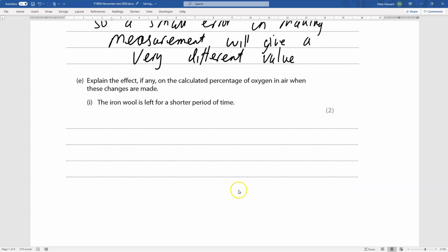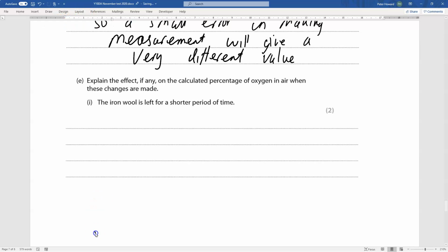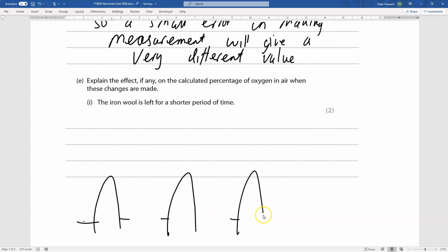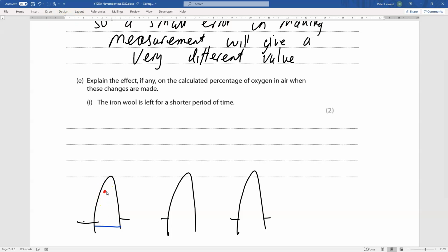Now, what would happen if it was left for a shorter period of time? If you imagine your tube of air here, and I'm just trying to show the sort of progress of the reaction. So we start off with water below, and we could also have in that tube some oxygen.